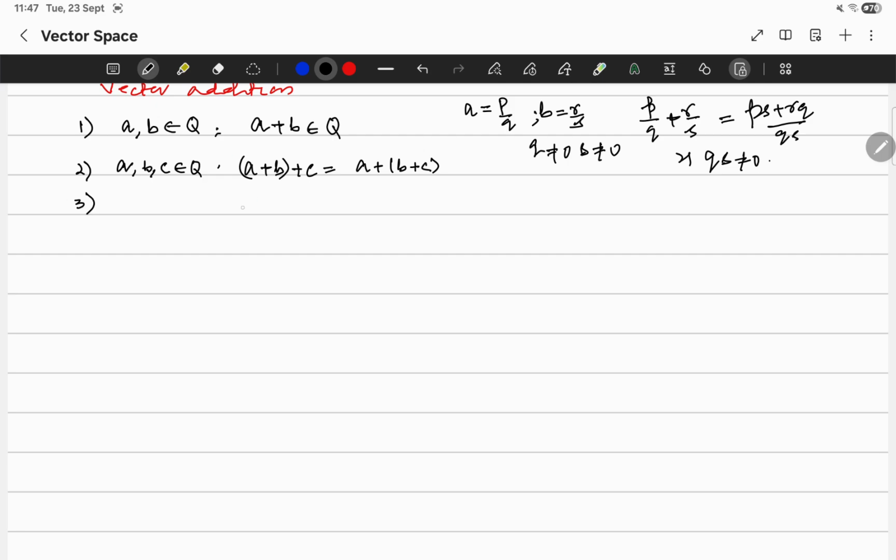There should be some number which, when you add it to a number a, you get the same number a, that is 0, and 0 is a rational number, so 0 plus a equals a. So I can say there exists just one element 0 in Q, and this is called the 0 of the vector, or you call it the identity element.